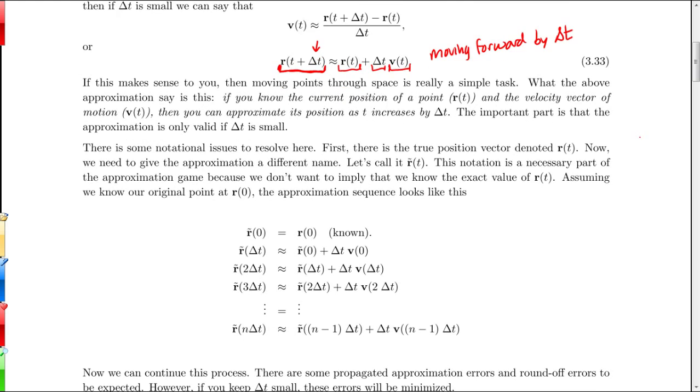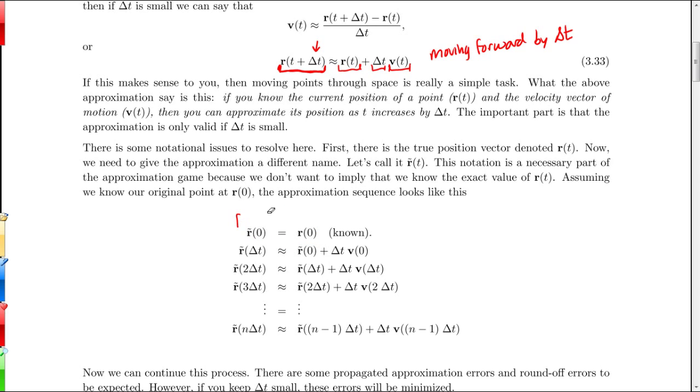So here's how this works. Suppose I know where my particle or projectile starts. I'm going to use this tilde notation to represent the Euler approximation. At time 0, there's actually no error here; it is actually known.